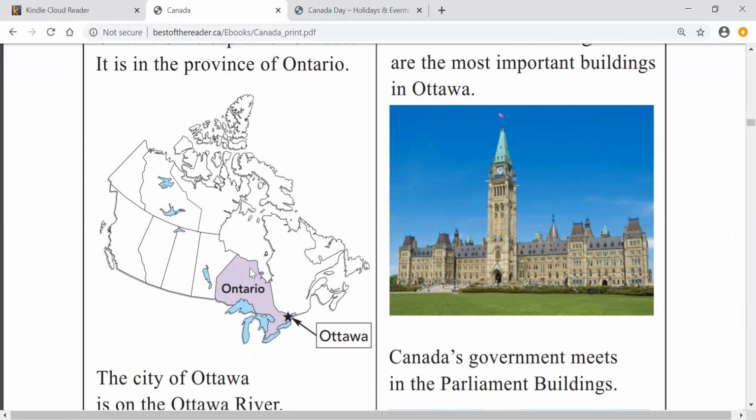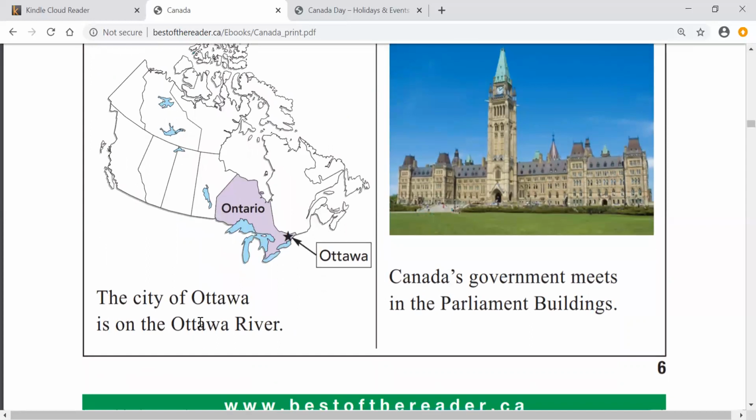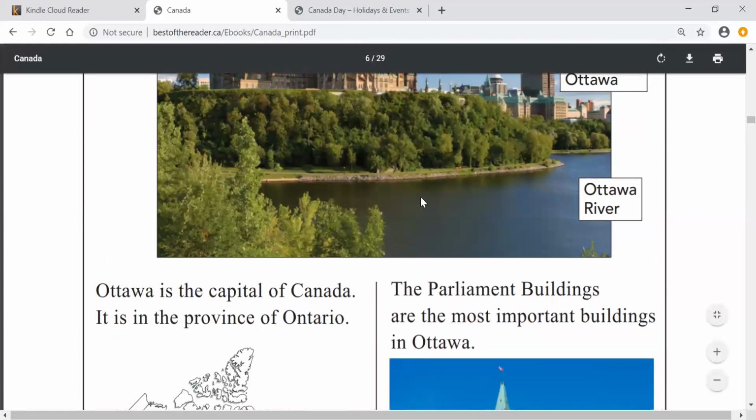Inside Ontario, we have the city, Ottawa. Ottawa is the capital city, the most important city in Canada. This is where Parliament is. The city of Ottawa is on the Ottawa River. It is next to, as you can see, the Ottawa River.